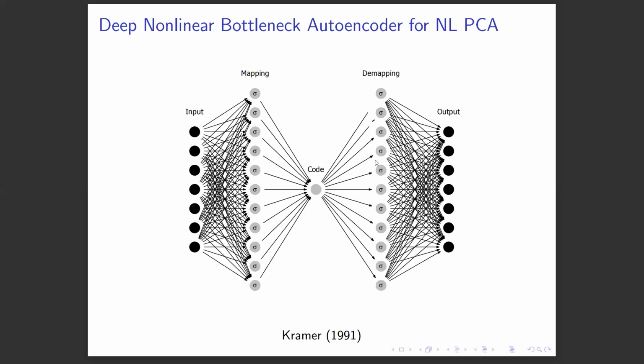So if we look at PCA this way, naturally, this is how we can extend it to nonlinear PCA. We add another layer between the code layer and the input layer. It's called the mapping layer. We add another layer between the code and the output. It's called the demapping layer. Every node is a variable. We add an activation function here, a nonlinear activation.